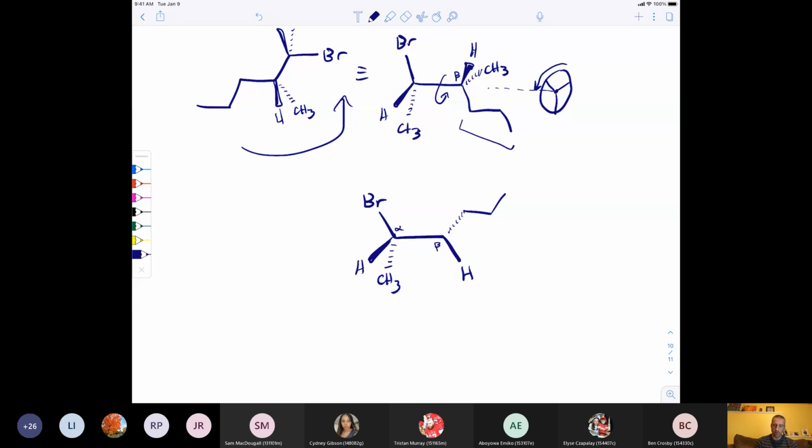And the methyl that's already in the back will continue to turn around and point in front. Like that. So these two molecules are the same thing. All I've done is I left the left-hand side exactly the same. The right-hand side, I did a 120-degree rotation to rotate the hydrogen so it's pointing straight down, so it's anti to the bromine.